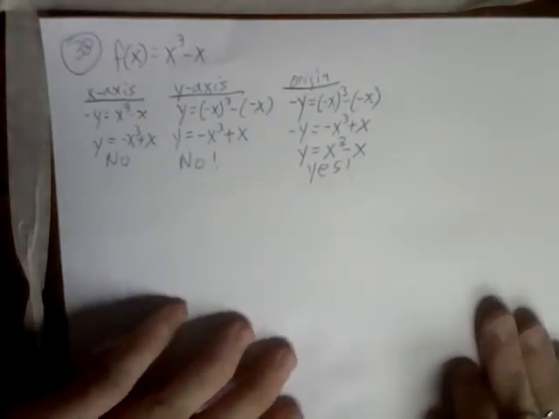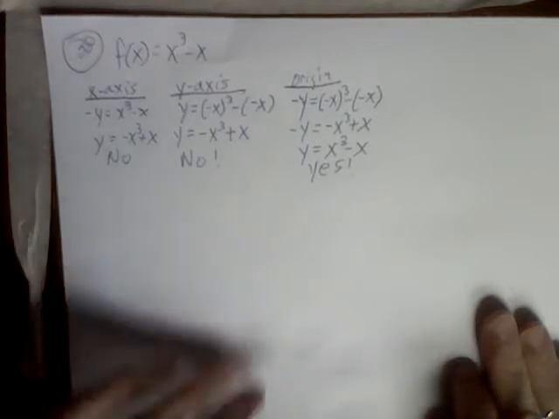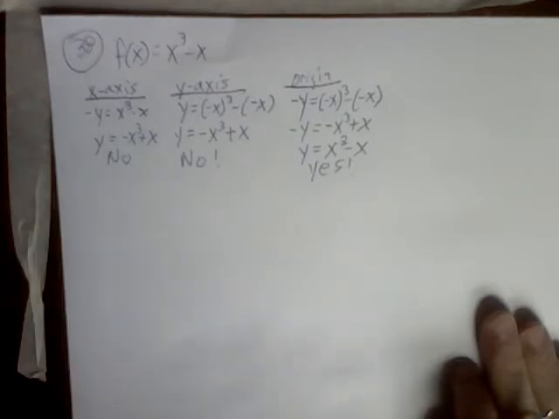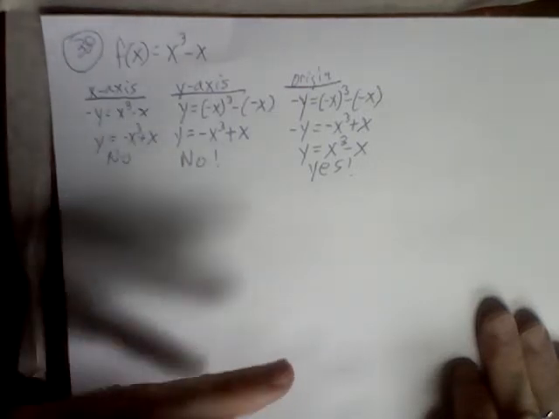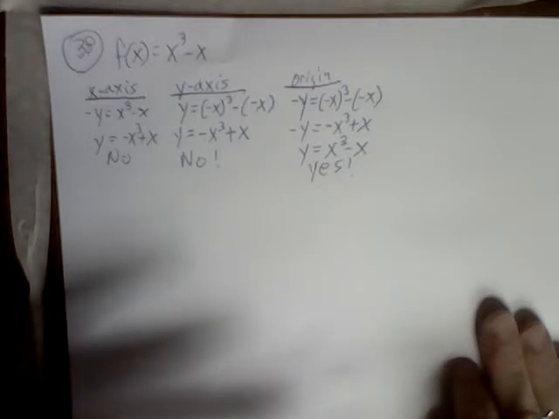Okay, so with regards to functions, then, there's an issue with these types of symmetry. In particular, a function is not going to have the issue of x-axis symmetry. Because if it had a symmetry about the x-axis, it wouldn't necessarily be a function at that point.